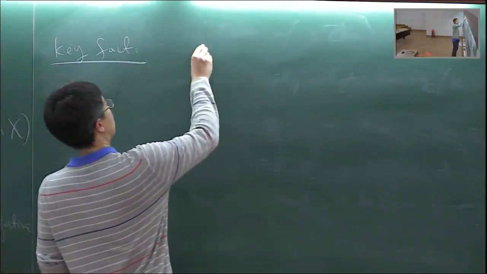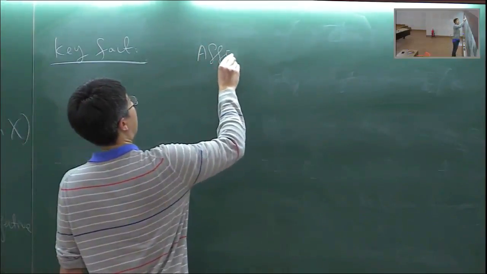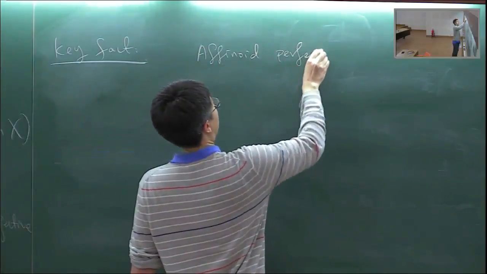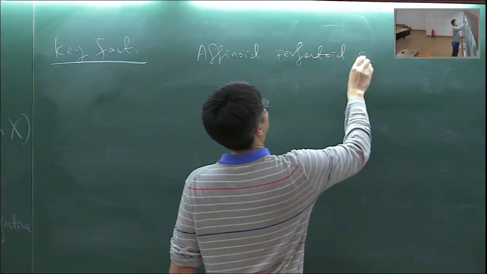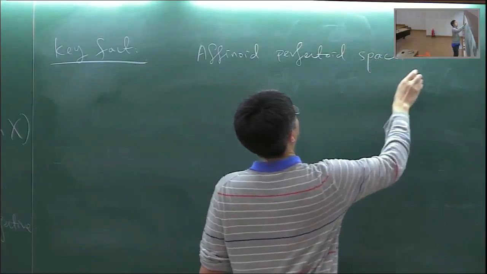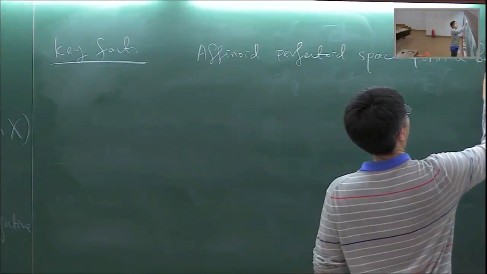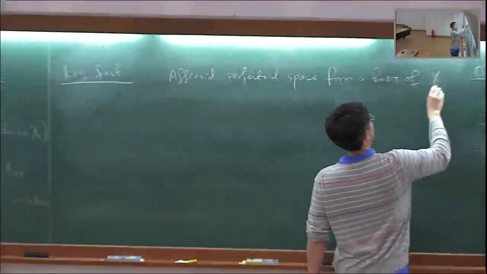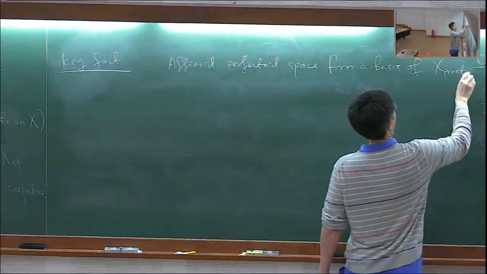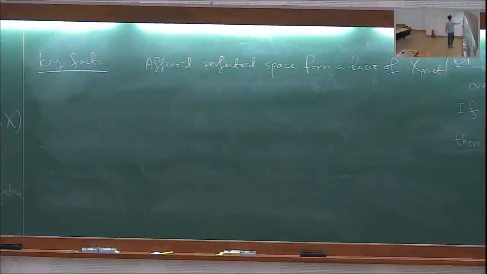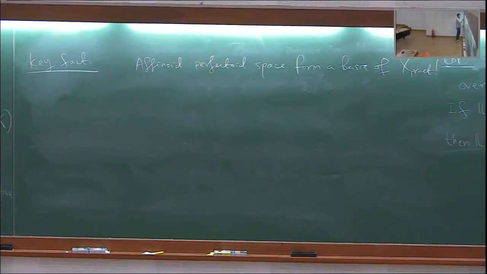The affinoid perfectoid spaces form a basis of the pro-étale set.